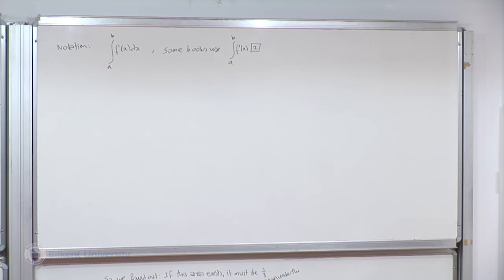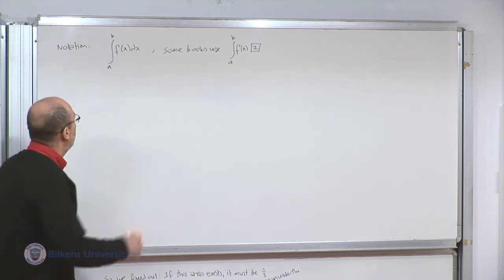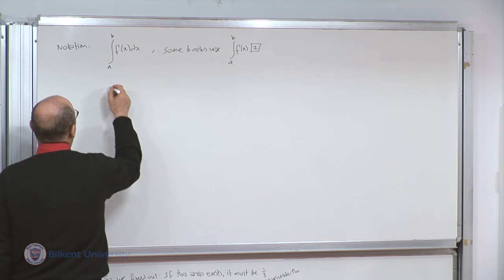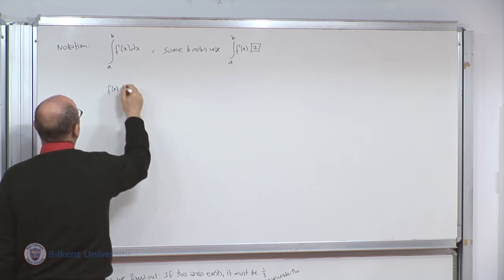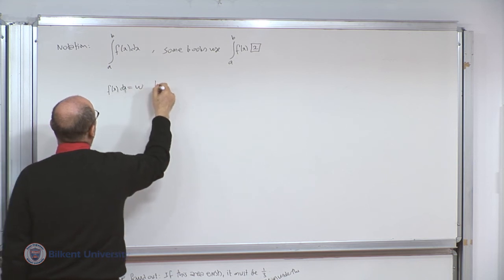But we have to lie to you, because in general you don't integrate functions, you integrate differential forms, and this is a differential form. Actually, what is happening is you have a differential form, dx.